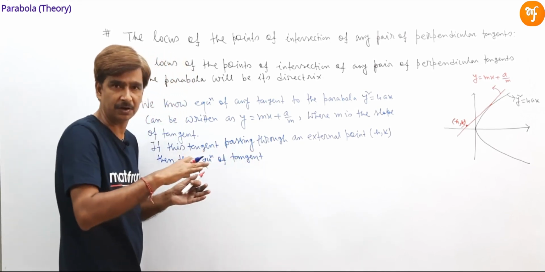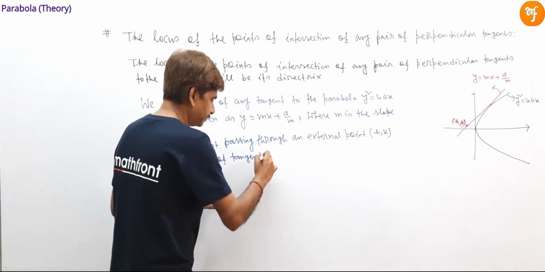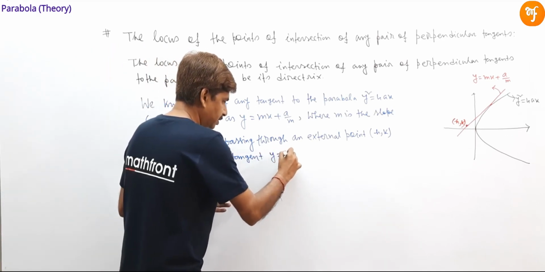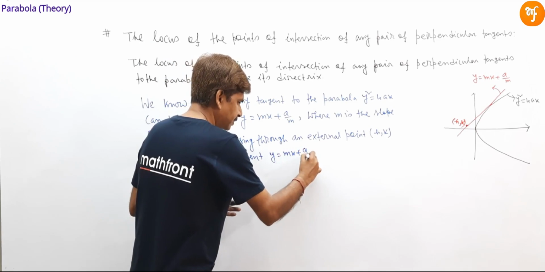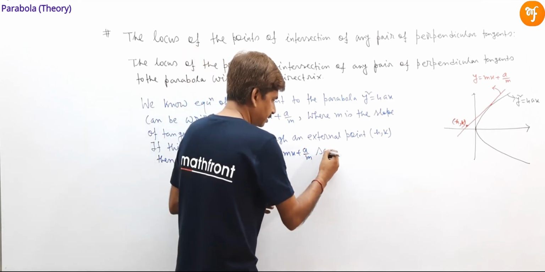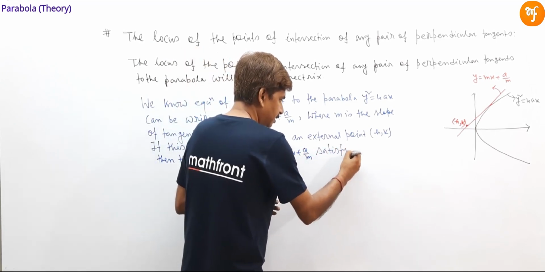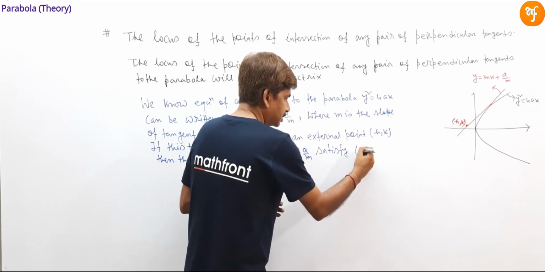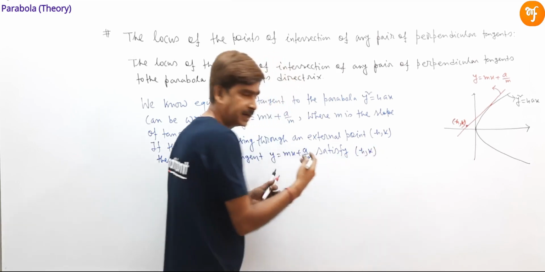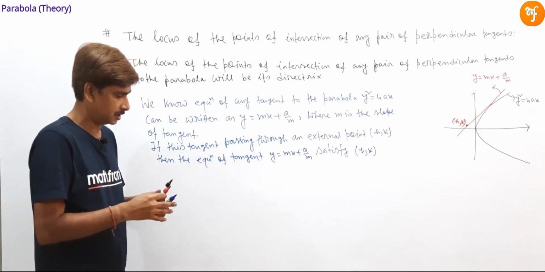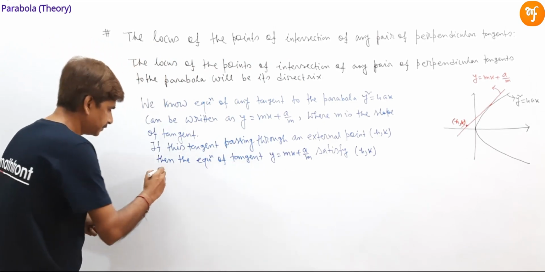It is y is equal to mx plus a by m. So y is equal to mx plus a by m satisfies h comma k. Definitely it does. Okay, so satisfying it, what we will get?